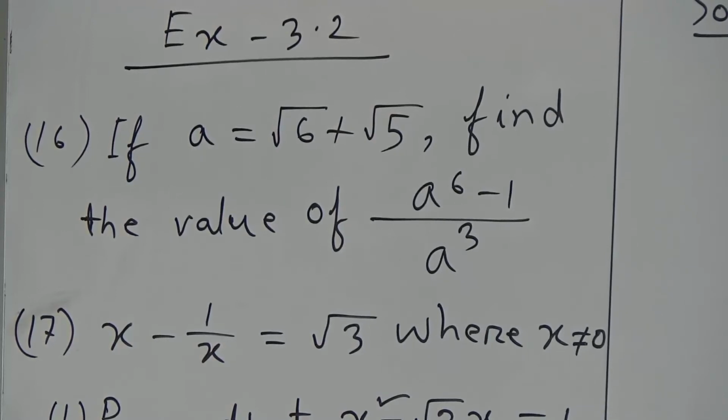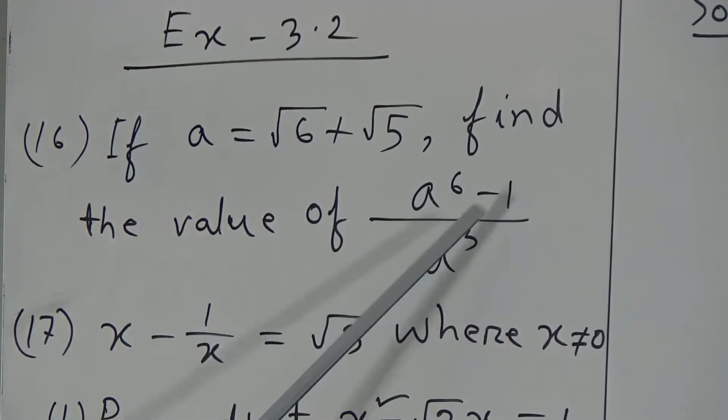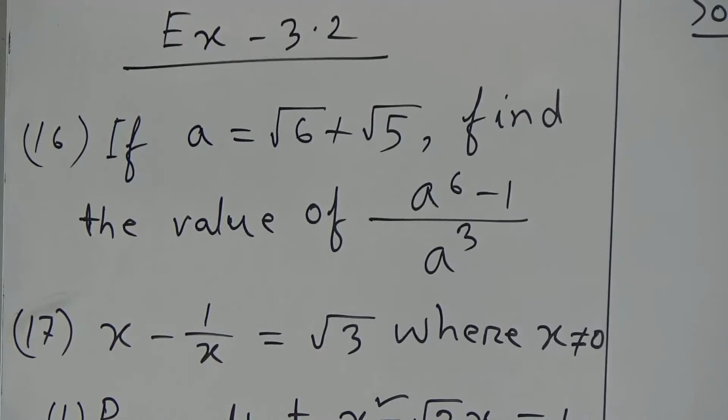For finding it, at first we have to find out the value of 1 by a. Then we will find out the value of a minus 1 by a. Then we can easily find the value of a to the power 6 minus 1 by a cube.